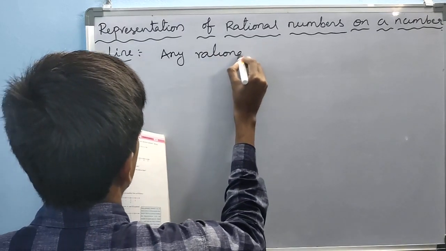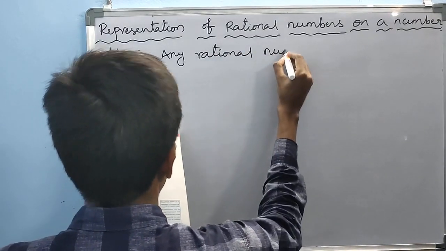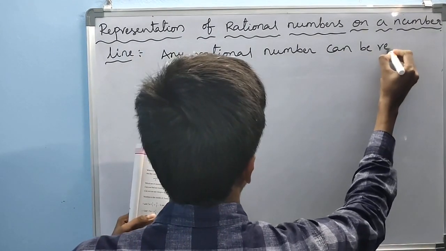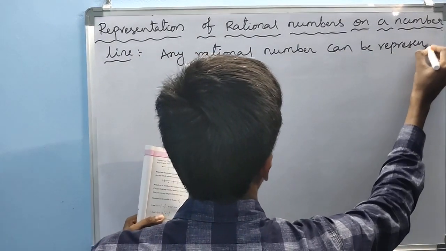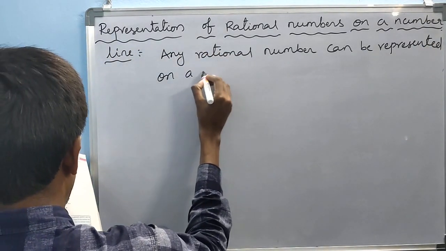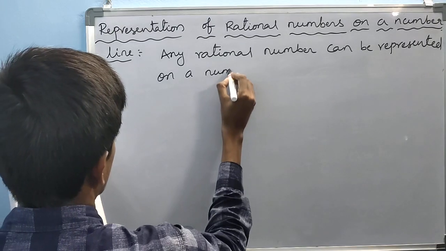Any rational number can be represented on the number line.